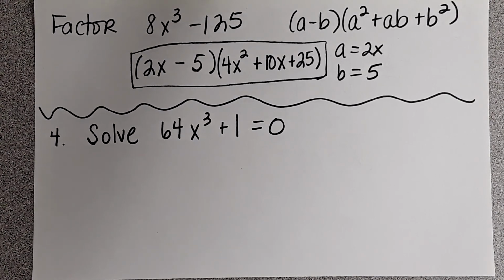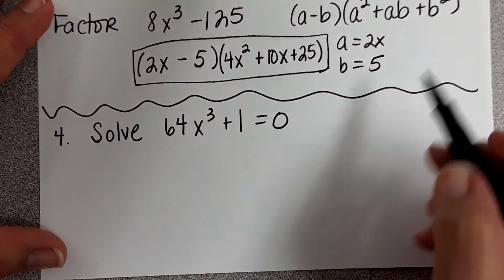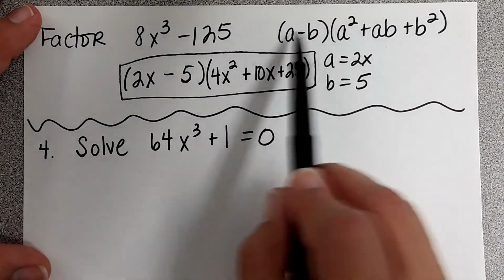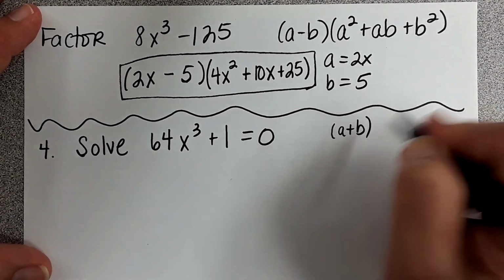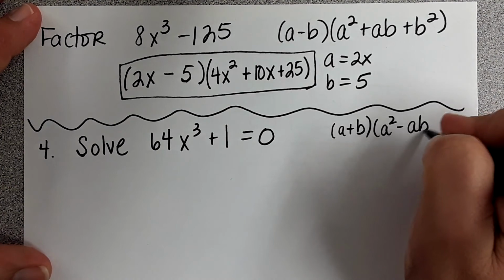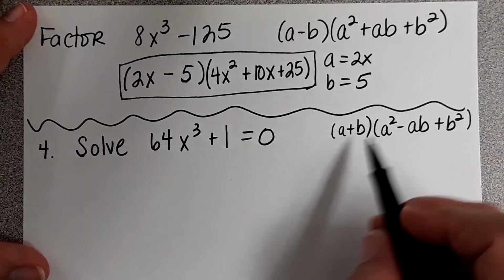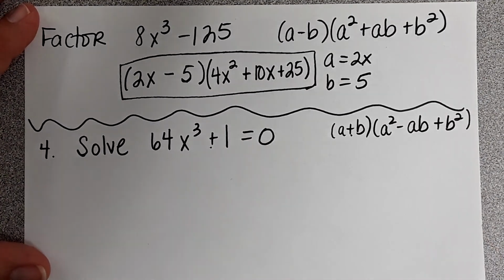Is 1 a perfect cube? Yes, it is 1. So it's addition. So see up here, the reason I did this on the same card is this was a difference of cubes. This is a sum of cubes. Now watch, if that's positive, notice it's the same formula, but what's different now? Yeah, this is positive, this is negative, because this is positive, this is positive.